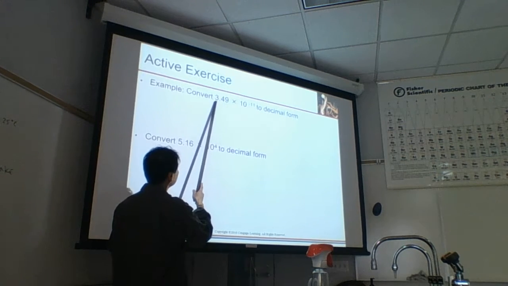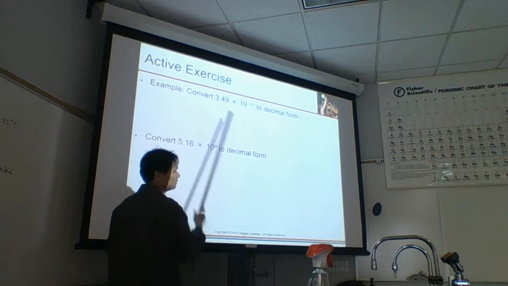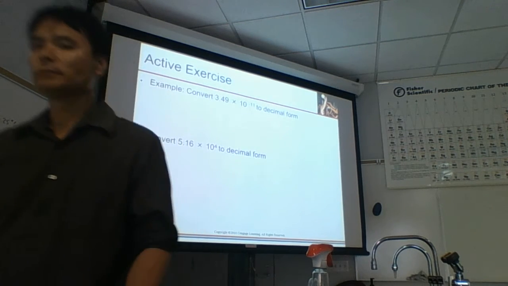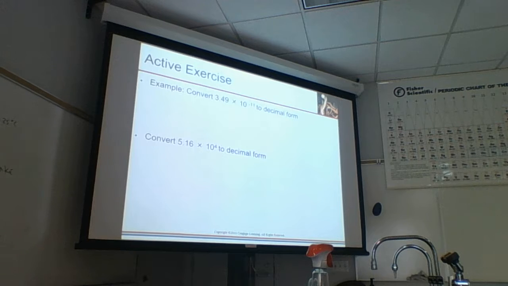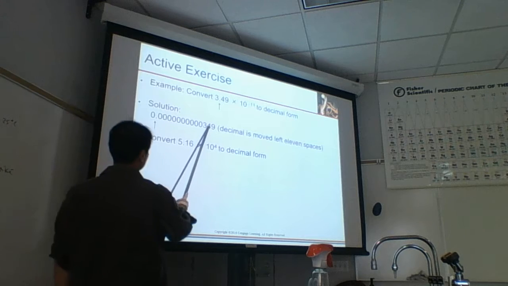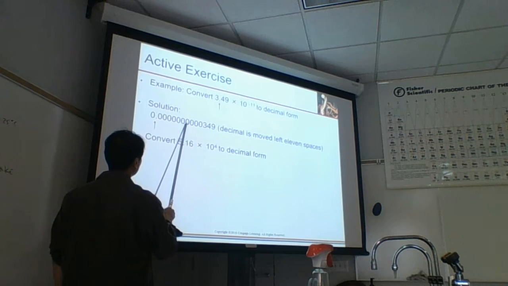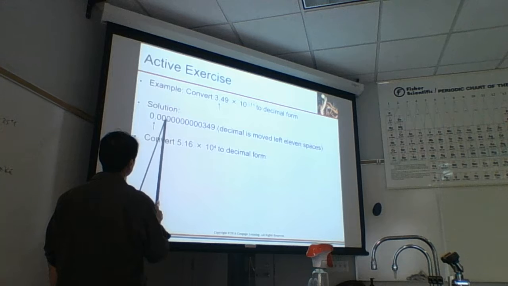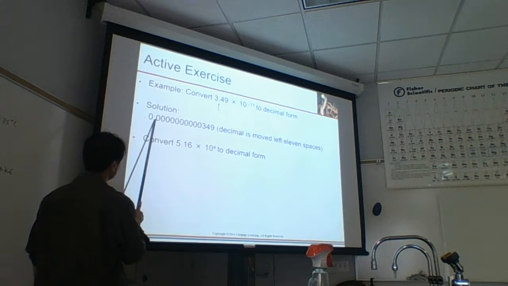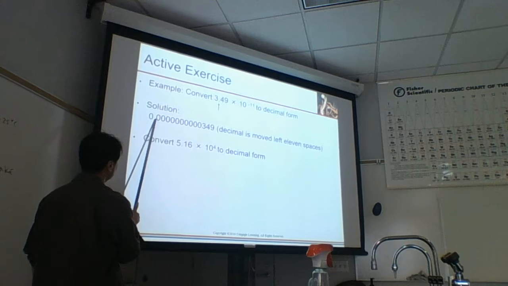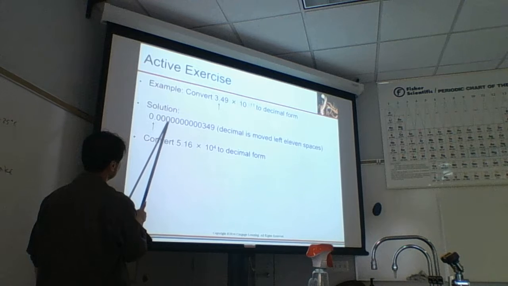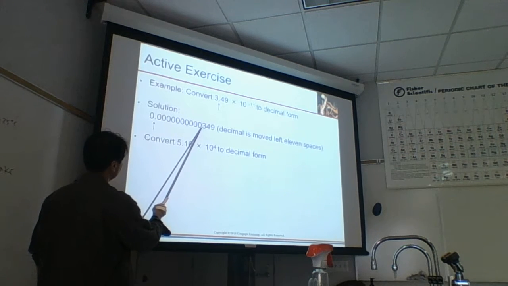To make it smaller, we're going to move this decimal how many places over? 11 places over. Just count 1, 2, 3, 4, 5, 6, 7, 8, 9, 10, 11. So this is 11 places over, and then we put a 0 in front just to more clearly mark the decimal. 0 point. We need 10 zeros.